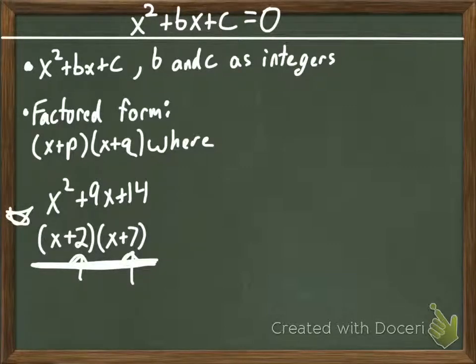So I want you to look at these two, and look at the p and the q and see maybe where it came from. Can you see if there's anything that they might have in common? So go ahead, pause the video and do that now.